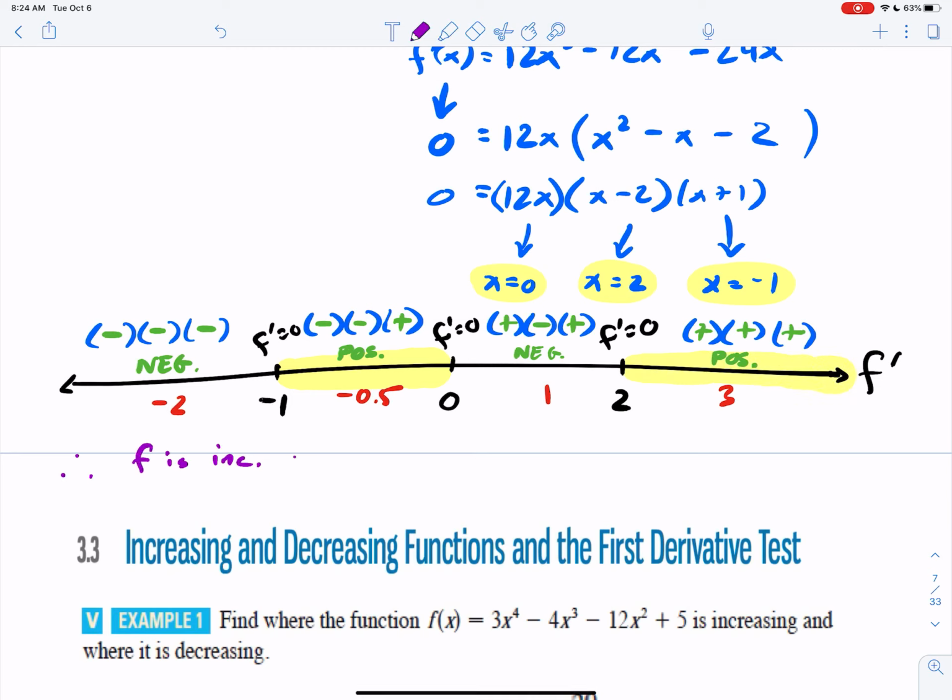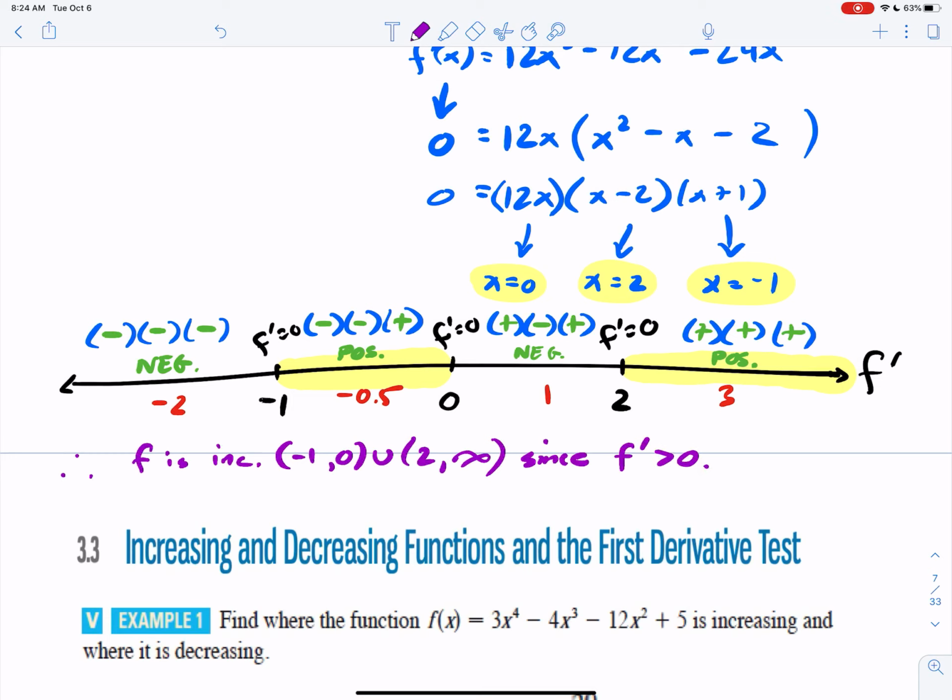So from negative 1 to 0, union, from 2 to infinity. Now, how do we know that? Since f prime is positive.